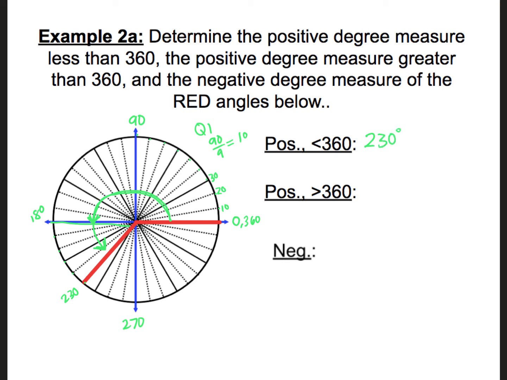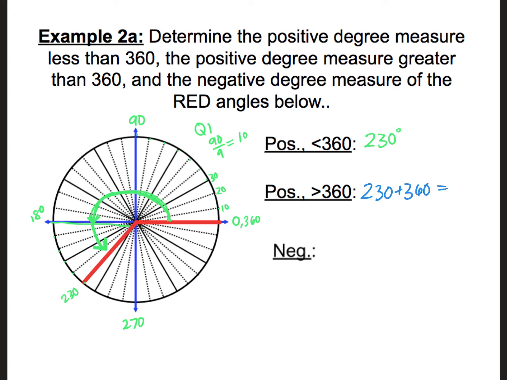Again, that first one is a positive angle measure less than 360 degrees. Really, it's just going around your circle and reading how many degrees have passed. Now, to get the positive degree measure greater than 360, you take whatever your original measure was, in our case 230, and you add 360 to it.